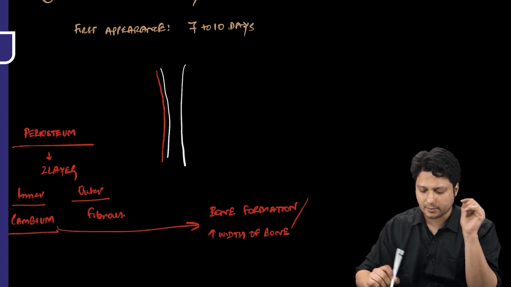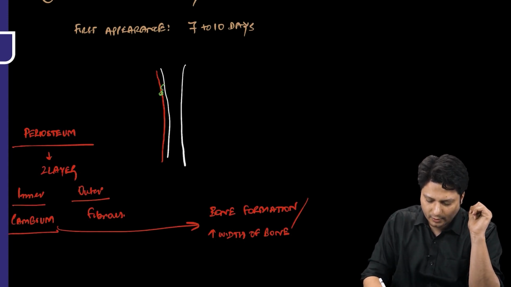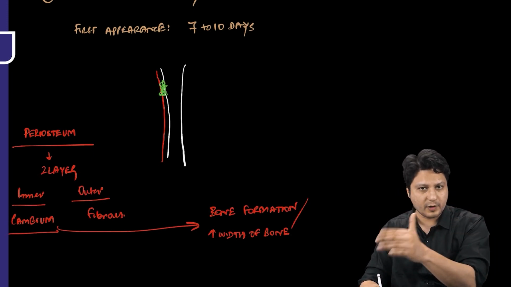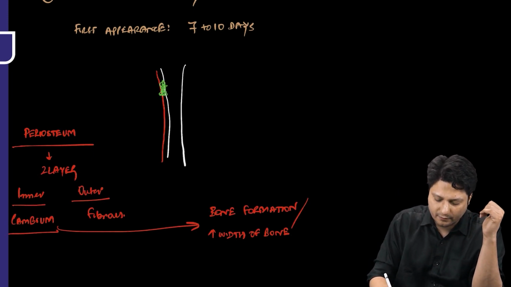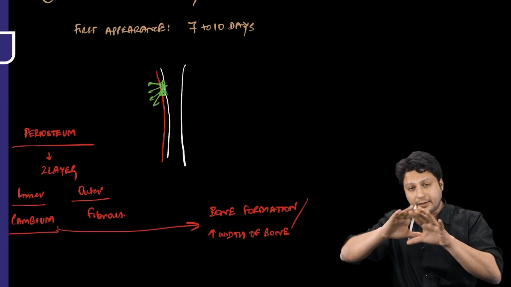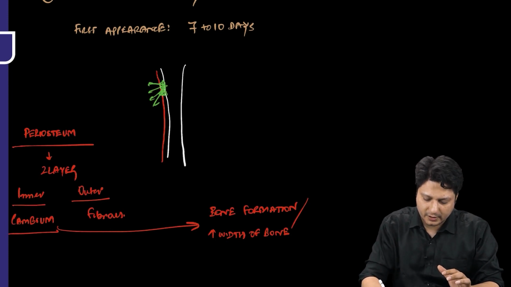Now, just imagine there is an organism present inside, and it has led to the formation of an abscess following the inflammatory processes. This organism will try to move or spread. This spread will be prevented by the additional layer of the periosteum.